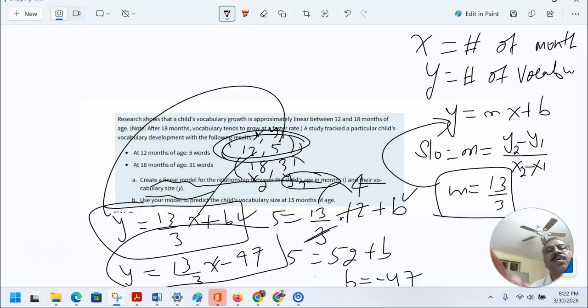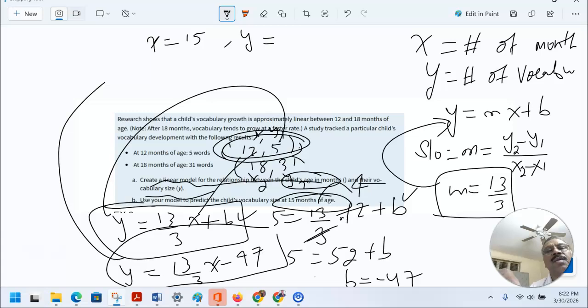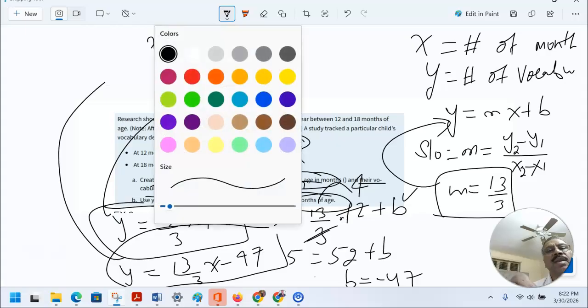But the question goes beyond that. It says after 15 months, how many vocabulary words? So the third question is, when x is 15, how many vocabulary words did the child have? So the equation is y is 13 over 3 times x, and this time your x is 15.